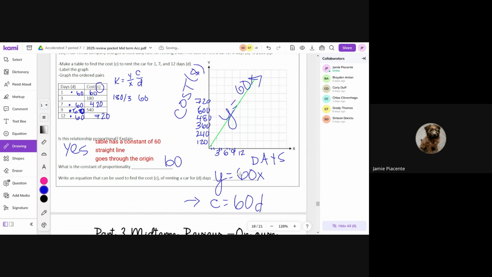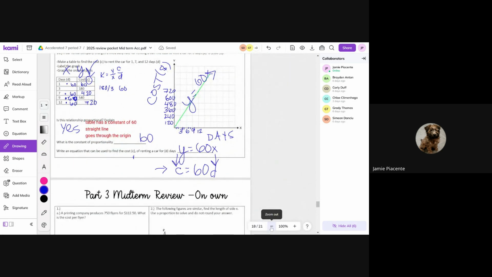Not 100% if we would accept this as your final answer. So I would put it in terms of what they're asking you for, C and D. The way I did that was I found cost up here. The cost was in the Y spot, so I just substituted in for Y. What was in the X spot? D, so I just substituted the letter D in. Remember, it's always X and then Y. Okay, so that should be it.